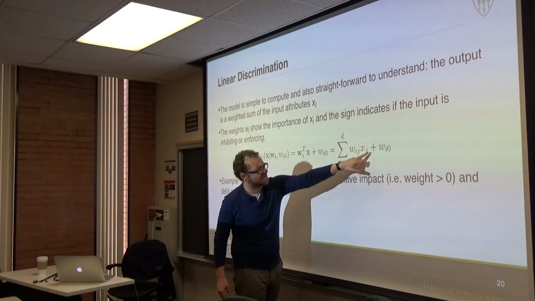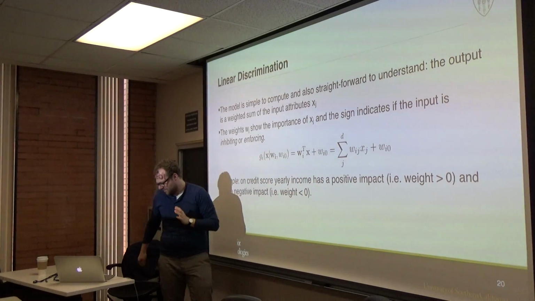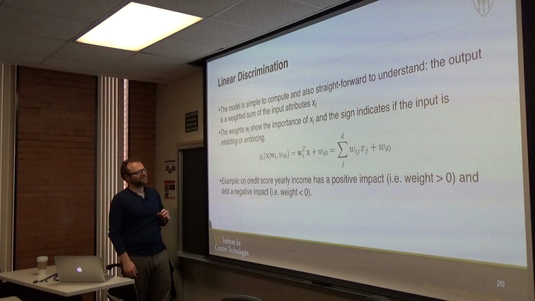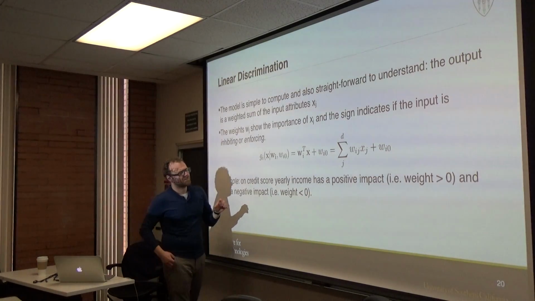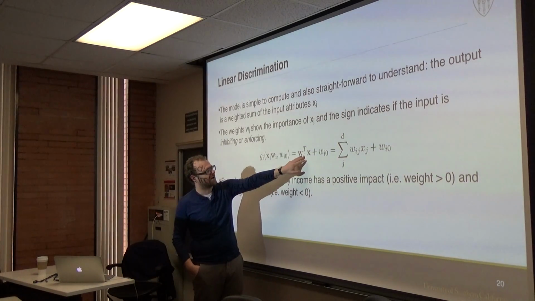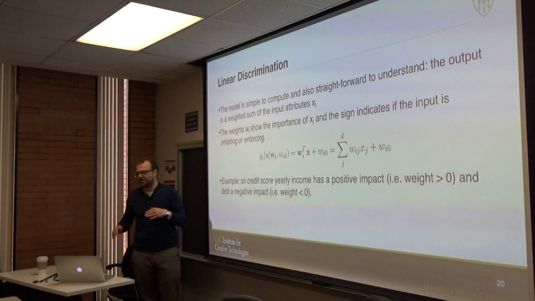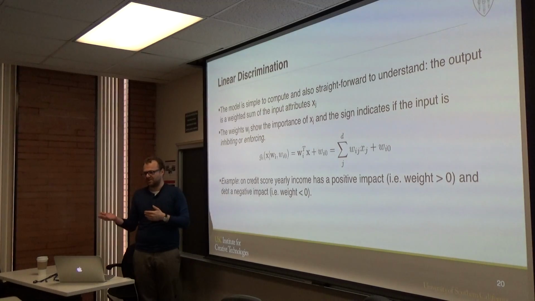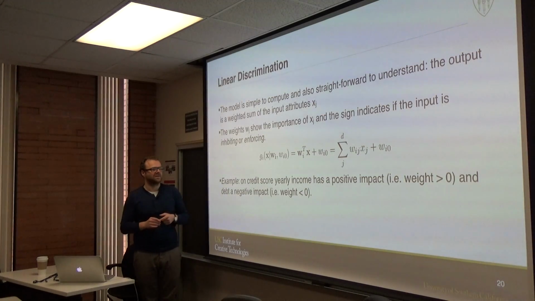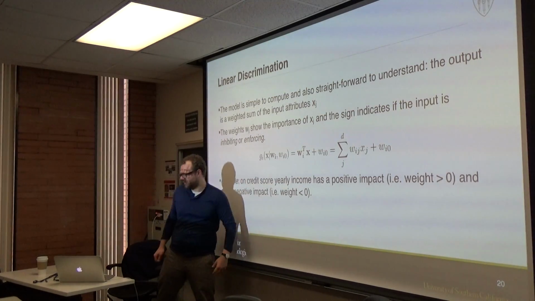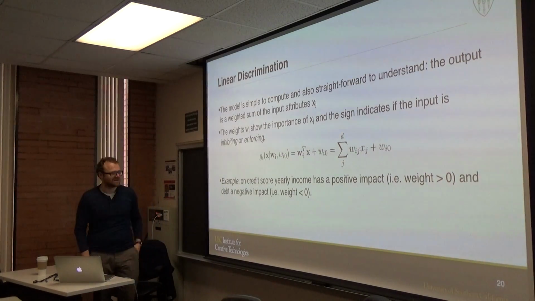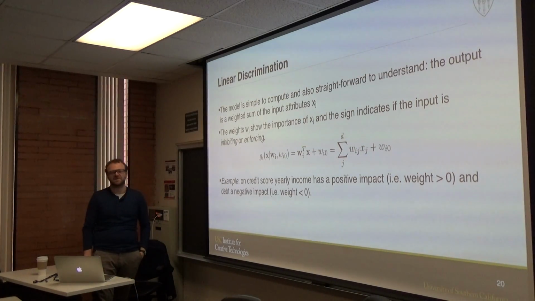This is the sum, and then you add this W0 bias parameter. What that basically is, is a scalar product or a dot product of the two vectors, the weight vector and the input vector. We'll get back to this when we talk about perceptrons.